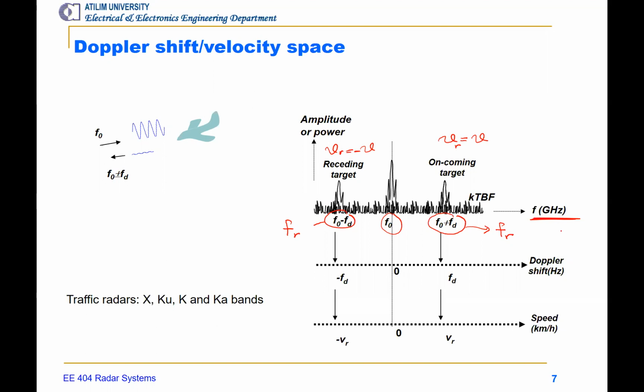Now we can subtract the transmitted signal frequency from the received signal frequency. We get the Doppler shift domain, where we expect a Doppler frequency at fD, where we do not have the transmitted signal frequency anymore, right? Or minus fD.